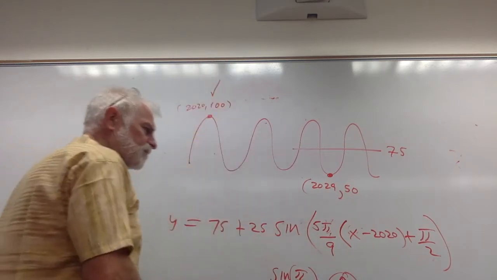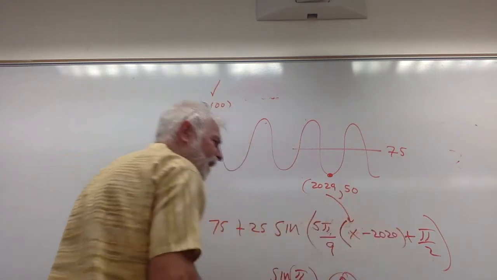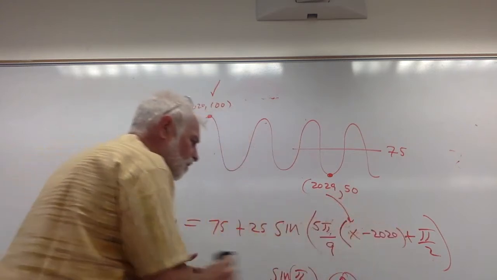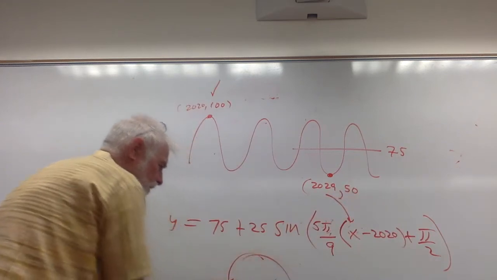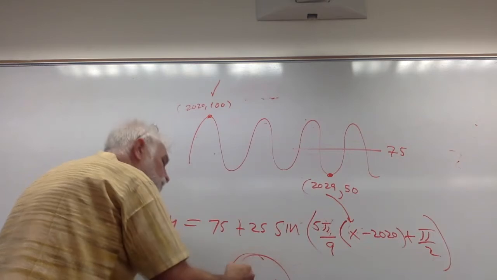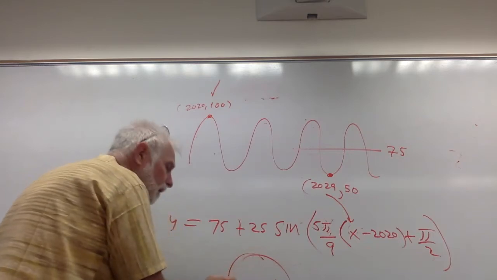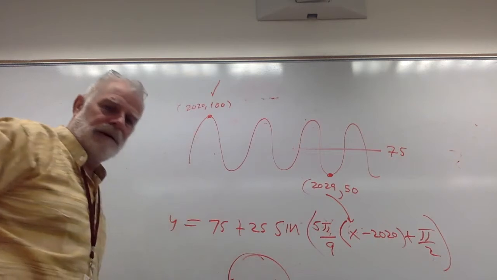How about we plug in 2029? Oh, that gets me 9. That gets me 5 pi plus pi over 2. Well, let's do a little drawing. 5 pi, odd pi. That's over here. That's 5 pi. Well, 1 pi, 2 pi, 3 pi, 4 pi, 5. Yep, it's right there. Plus pi over 2 puts me here. And what's the sine value right there?